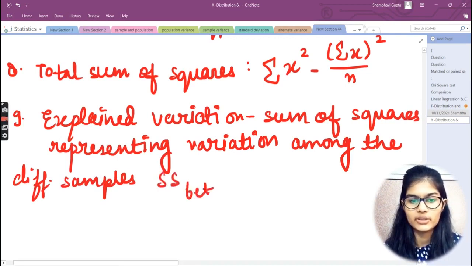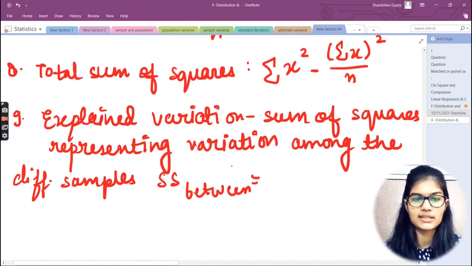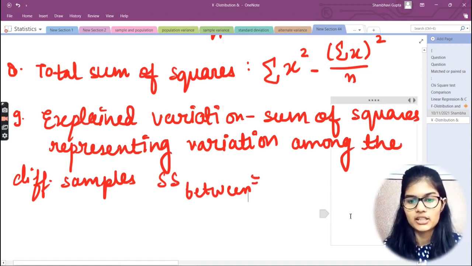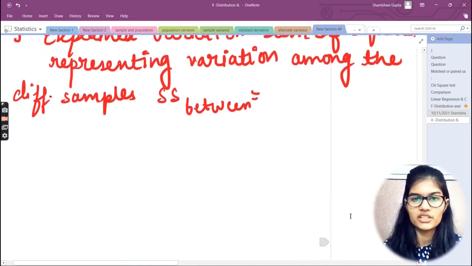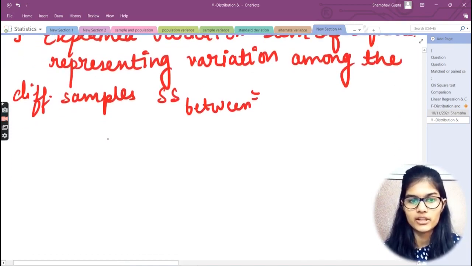We could say that as SS between. SS between is equal to, let me get down from here so that I could get some space for writing.